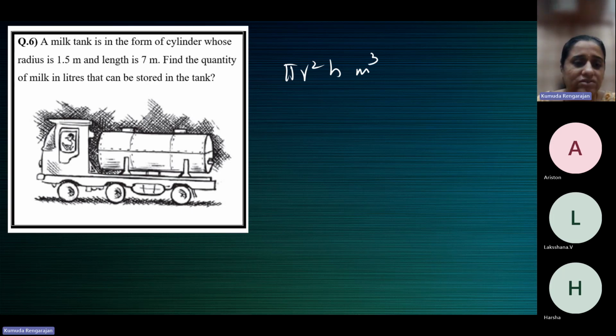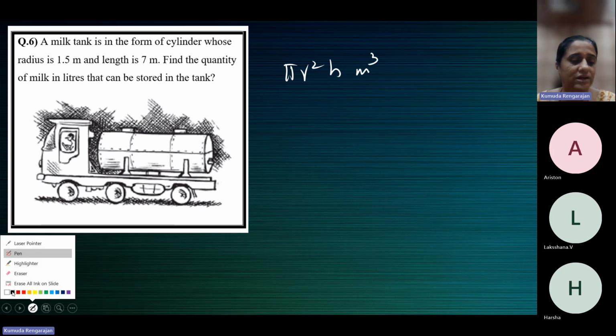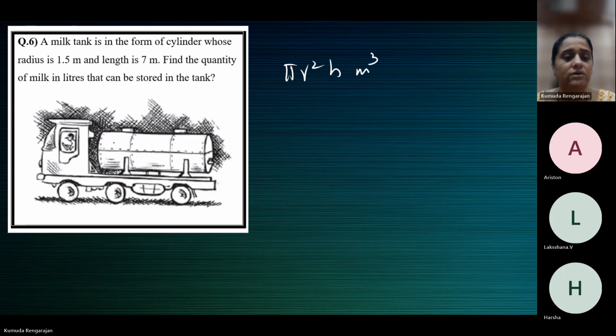See, they're saying length of the cylinder because it's horizontal. Like this it is. So length of the cylinder. So don't get confused. If it's vertical, we say height.